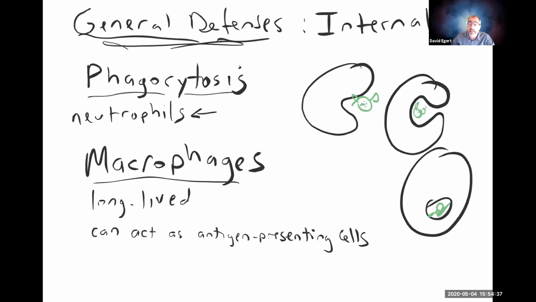This is what it looks like, and start creating clone armies that are going to fight this thing. Whereas neutrophils just eat, and then die. The macrophages are more like the officers versus the infantry. They go, look what I found, let's go report and mobilize more forces.